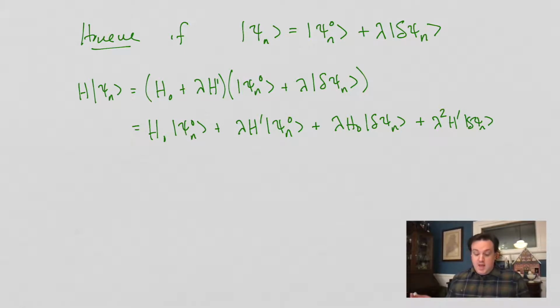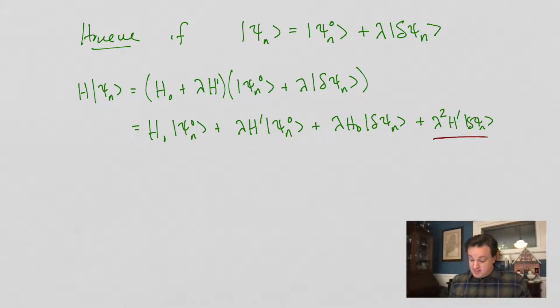Okay. And now I can act the full Hamiltonian on one of these unknown solutions, psi n. And I can just replace H with H naught plus lambda H1, and I can replace the state with psi n naught plus lambda delta psi n. Then I have 4 terms, but what's neat is I can already see that one of those terms goes as lambda squared.